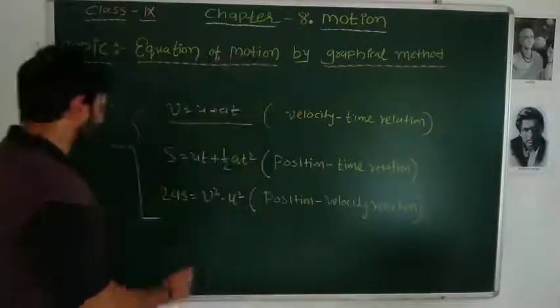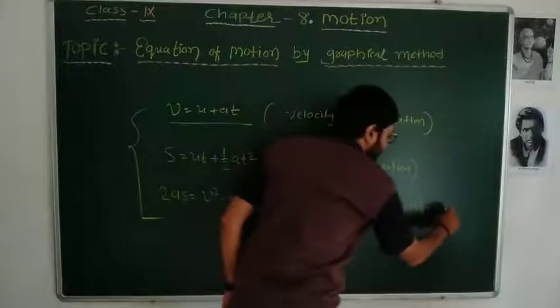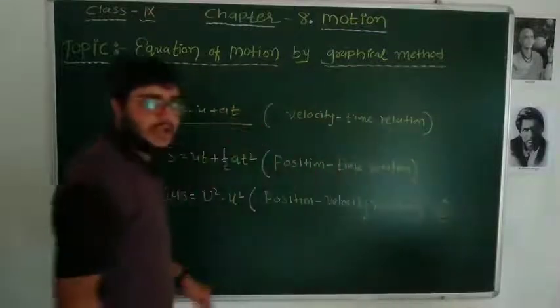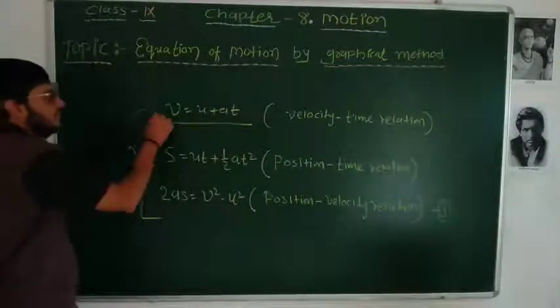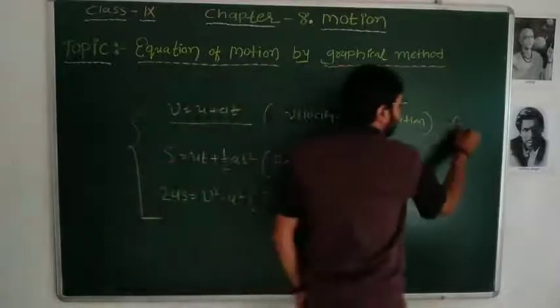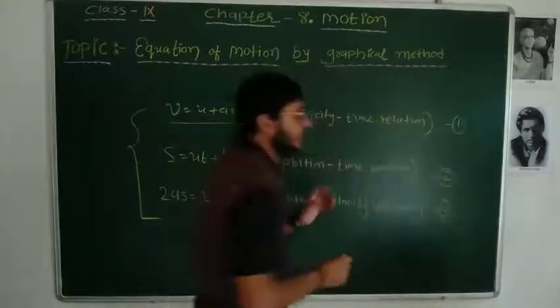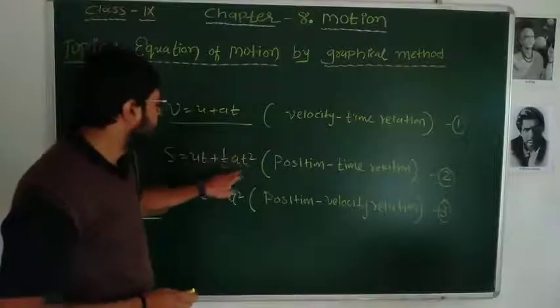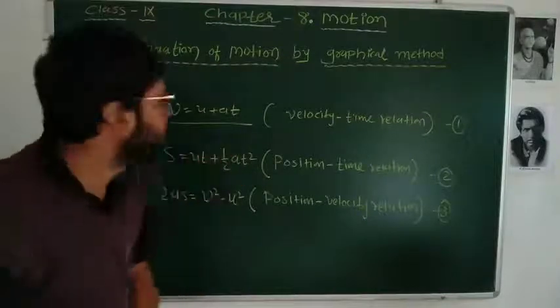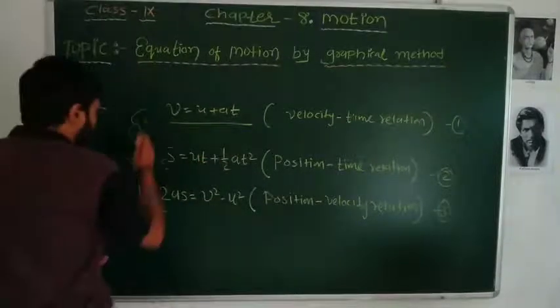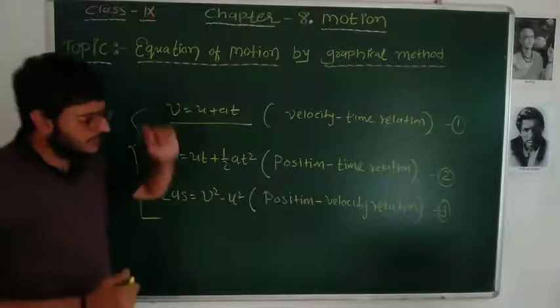The third equation of motion we can derive from equations 1 and 2 by eliminating T. We will see that.